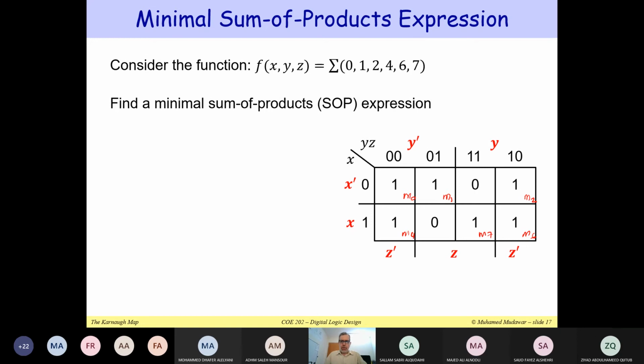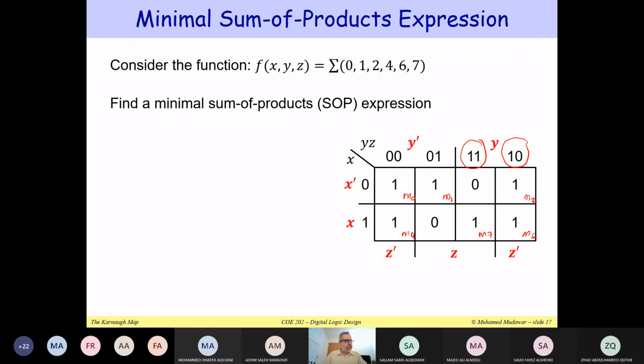This is very important to recognize. To write the ones inside the Karnaugh map, that's the most important thing. Again, I cannot emphasize this more: column 11 has to appear before column 10.